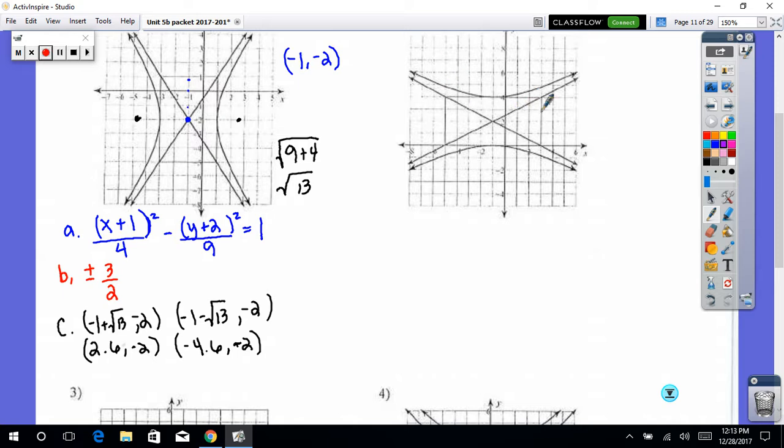Okay, y hyperbola. Minus determines it's a hyperbola rather than an ellipse. Set equal to 1. Okay, my center is located at -1, 2. Since y gets to go first, the y coordinate is -2.